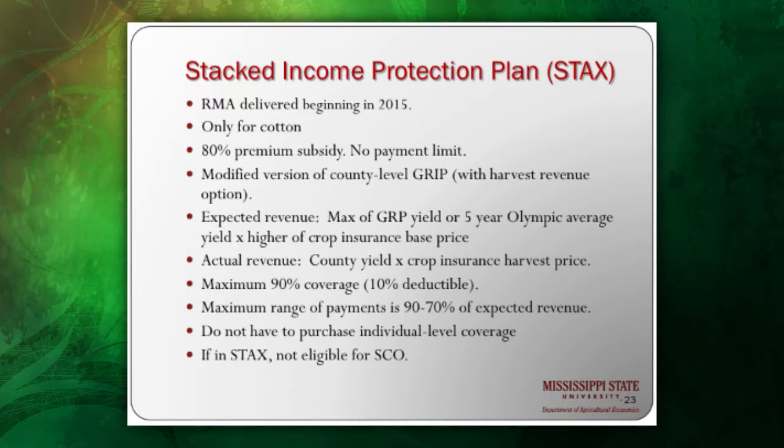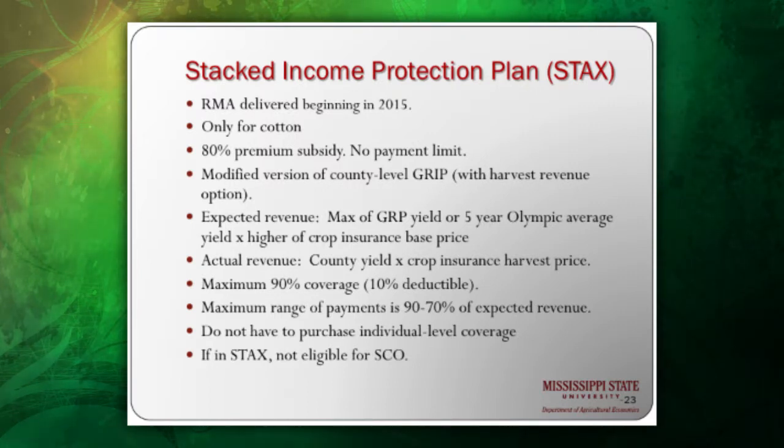The expected revenue for STAX is the maximum of the county trend yield or a 5-year Olympic average yield times the higher of the crop insurance base price. Actual revenue will be county yield times the crop insurance harvest price. The maximum coverage is 86% with a 14% deductible.